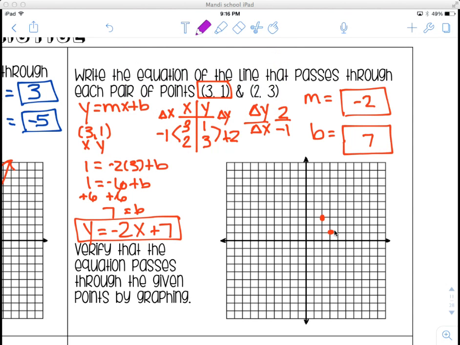So this one starts at 7 on the y. Now remember, it was negative 2 over 1. So it is downhill, so it's going to go down 2 over 1, down 2 over 1, and so on. And it passes through the points that are given.